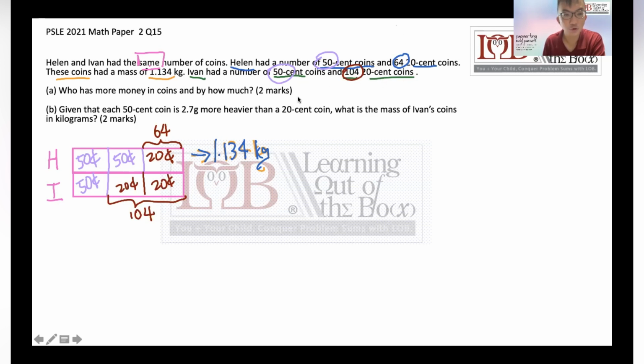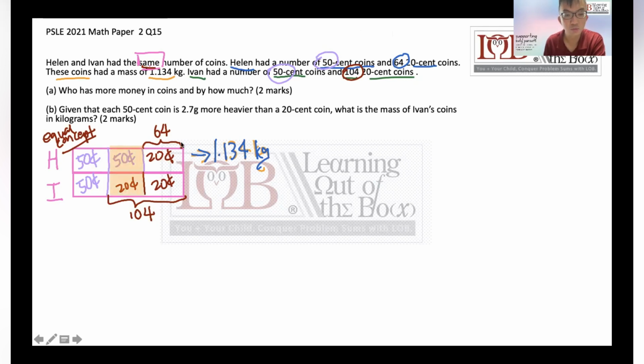This question will fall under the equal concept that we have taught to the LB children. Equal concept, draw two equal boxes when you see the word same. Then you look at what you can take out, which is this part alone.